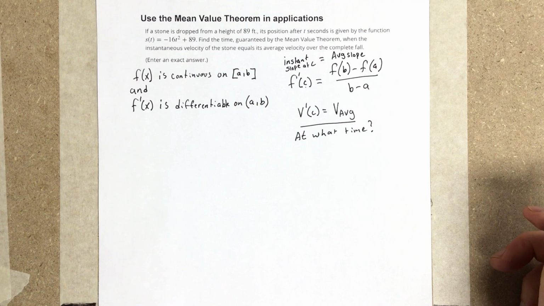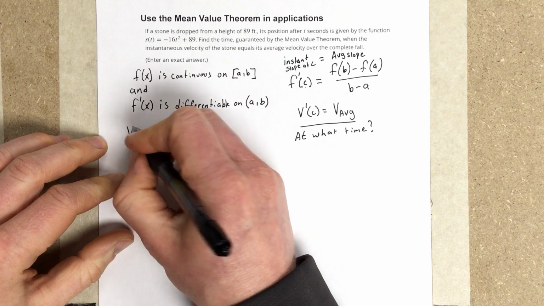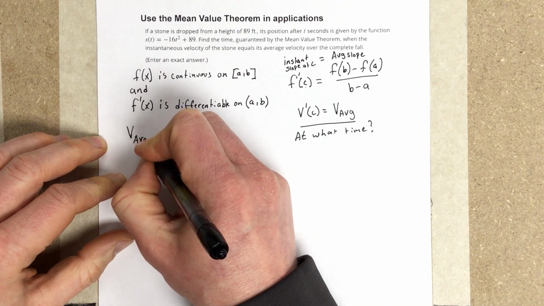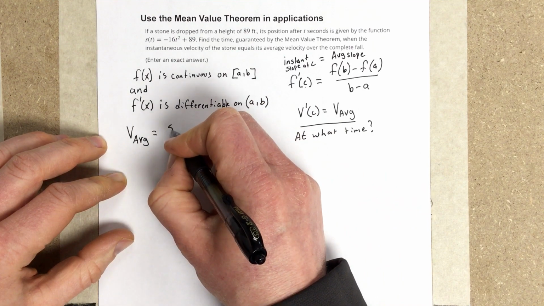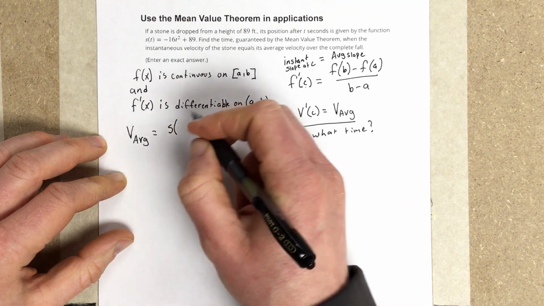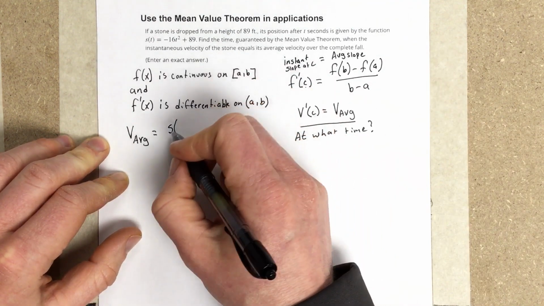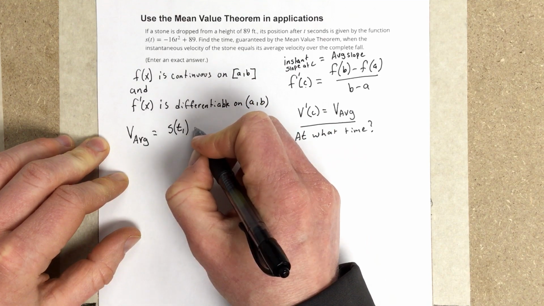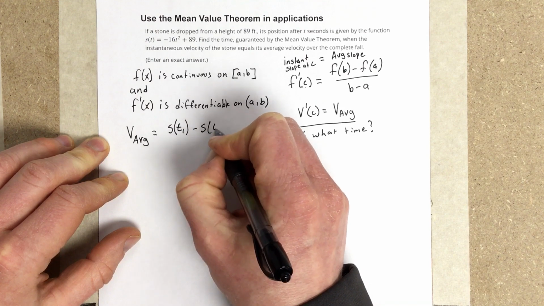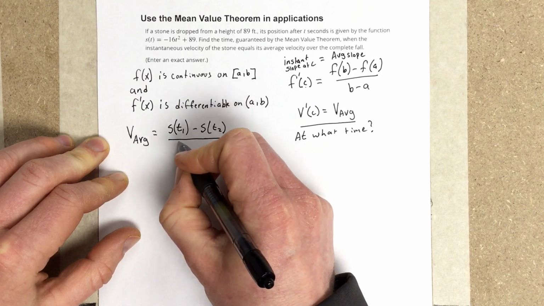Well, we can go about finding the average velocity by saying that the average velocity is equal to the distance at time 1, s(t1), minus s(t2), all over t1 minus t2.